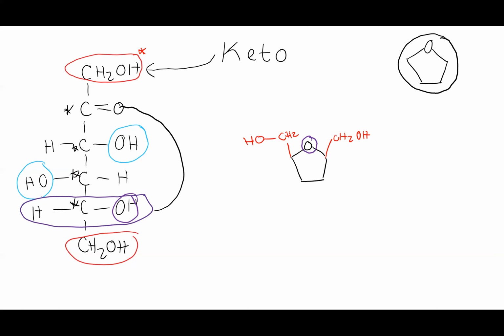And our OHs that are in blue, let's deal with them. There are 2 of them. We have, if we draw out our structure, one that is on the left and one that is on the right. And you can see what that amounts to is one that should be facing down.